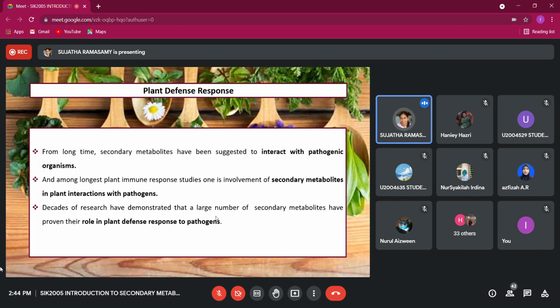Okay, let's look the importance of these secondary metabolites. It's important because it helps to protect the plants. It gives the plant defensive response. Okay, because it can interact with pathogenic organism. And it play an important role in plant defense response to pathogens.